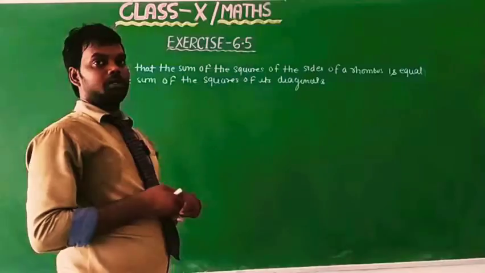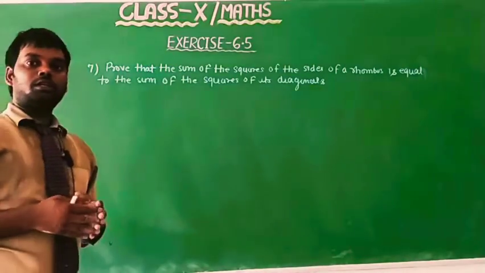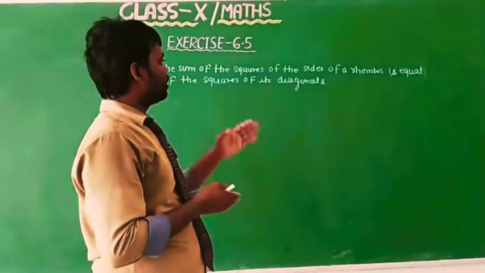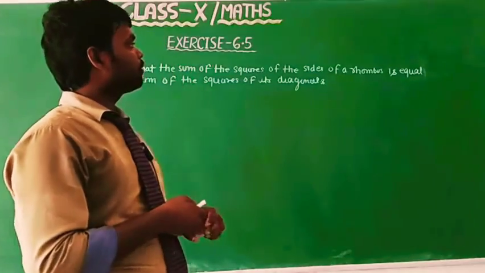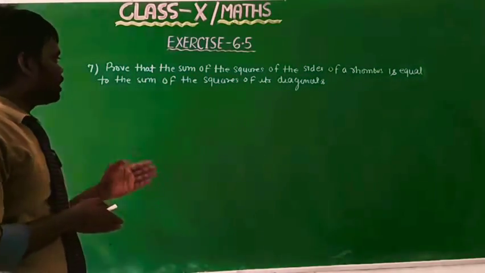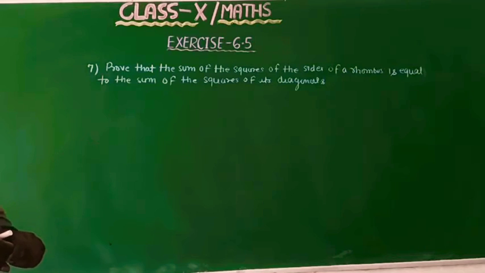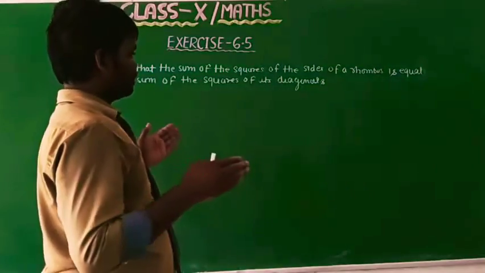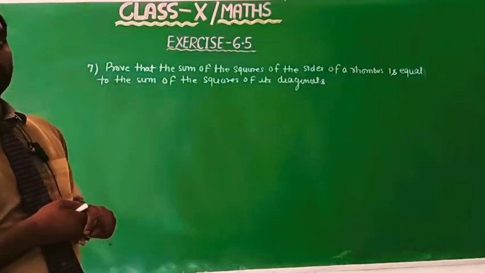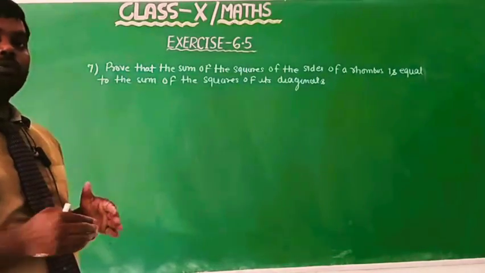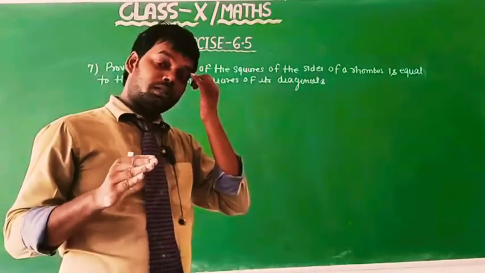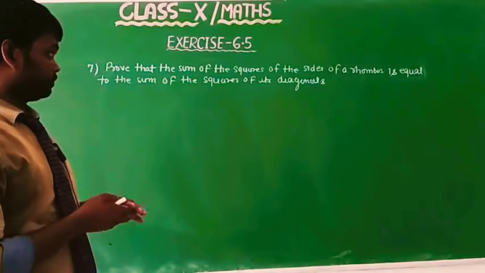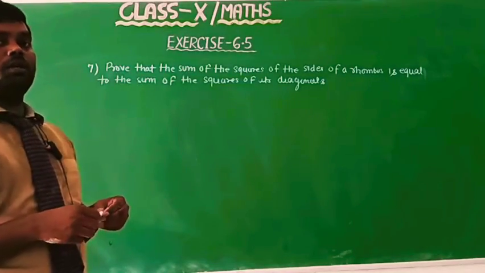Further, move to question number 7. In this question, we have to prove that the sum of the squares of the sides of a rhombus is equal to the sum of the squares of its diagonals. Given a rhombus, we have to prove that the sum of the squares of its sides is equal to the sum of the squares of its diagonals.